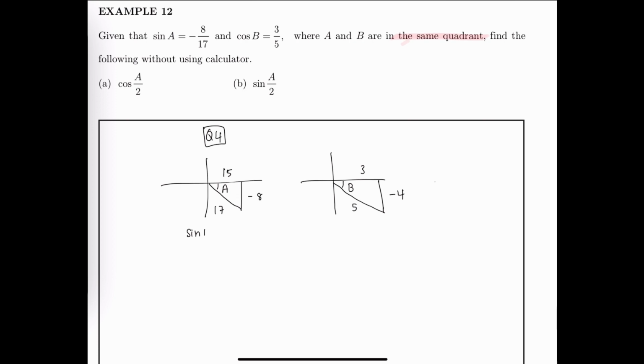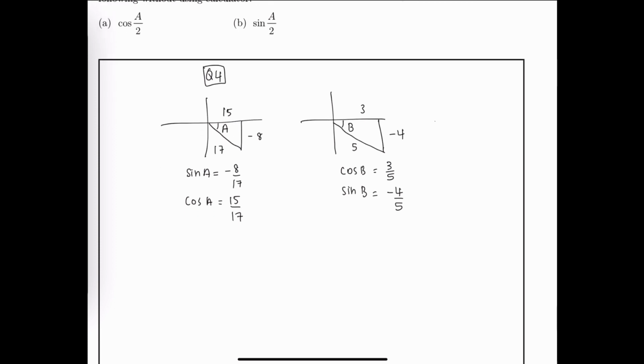The question actually gives you sine A only, but from the triangle, you can get cos A, which is 15 over 17. For B, we were given cos B equals 3 over 5, but we can figure out sine B, which is negative 4 over 5. We don't need to find tangent A and tangent B because the question didn't ask for it.